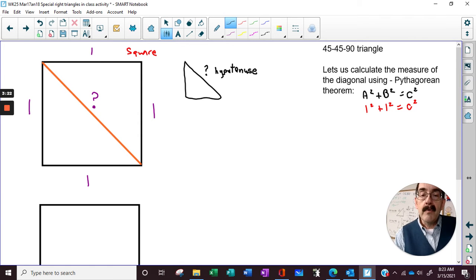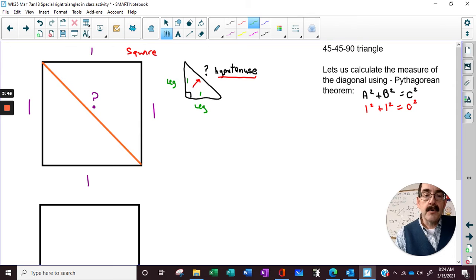We have a 90-degree angle, and across from the 90 is always the hypotenuse. Now, for this discussion, we're going to call this leg 1 and this leg 2. Well, this is 1 unit, and this is 1 unit.